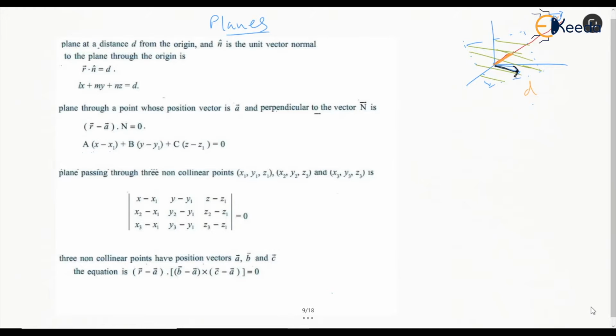This dot is on the plane. So this is R. That means if we join these two lines, what is this line? This is the point from where the normal vector is coming out of the plane, right? And this is the position of a point on the plane. So this is the line joining the point and the point from where the normal is coming out.